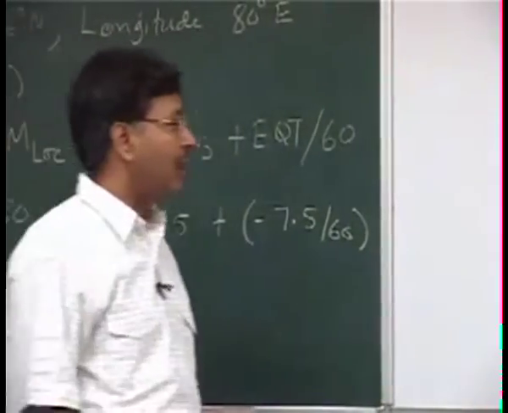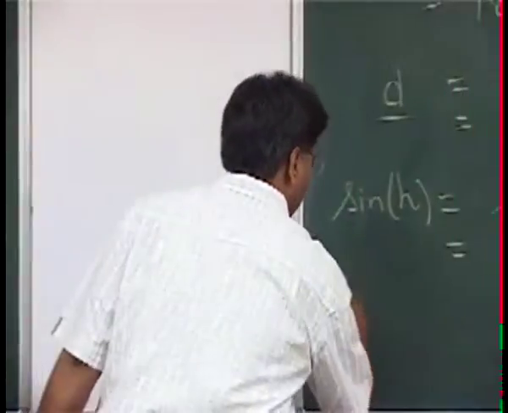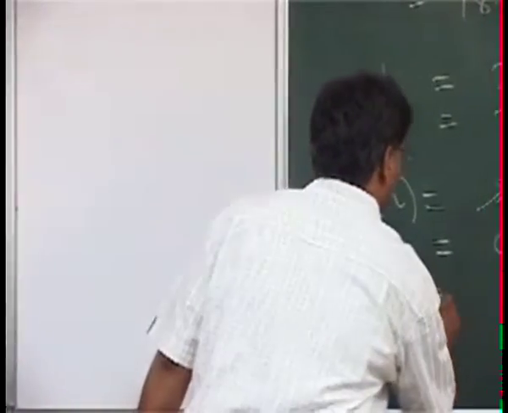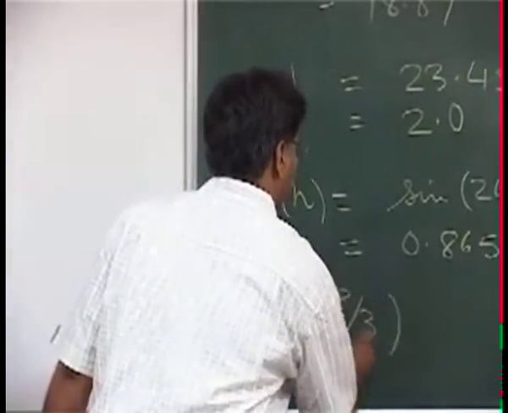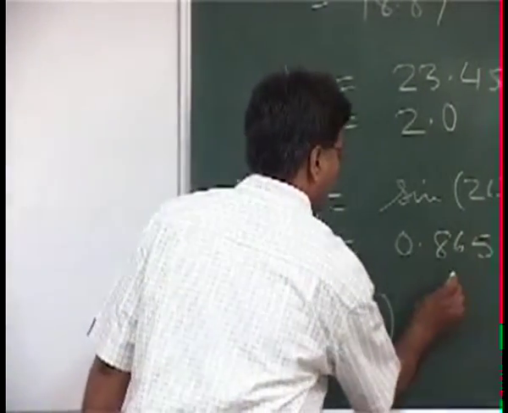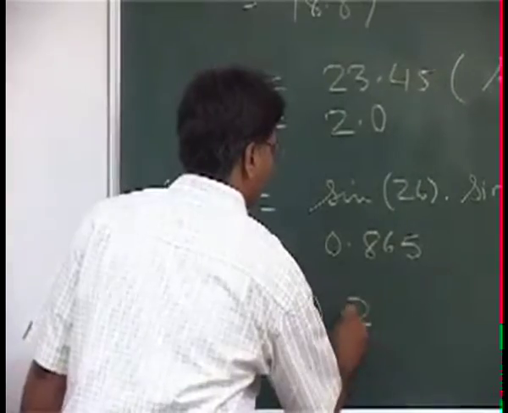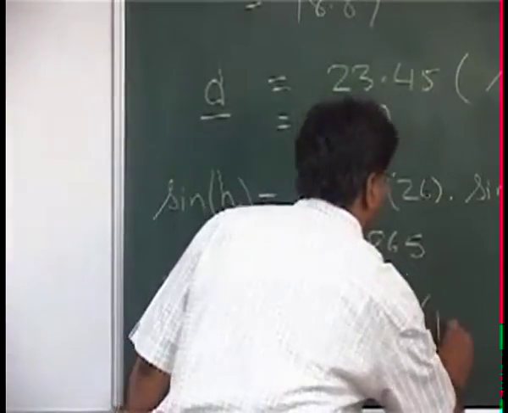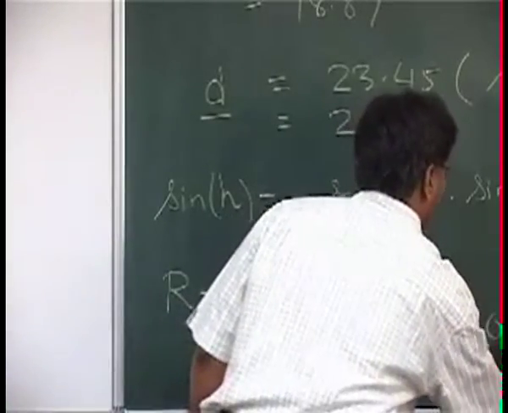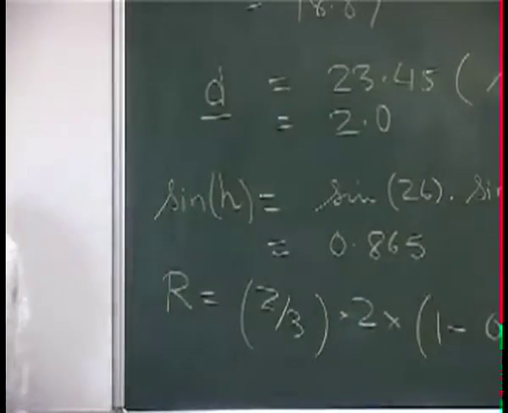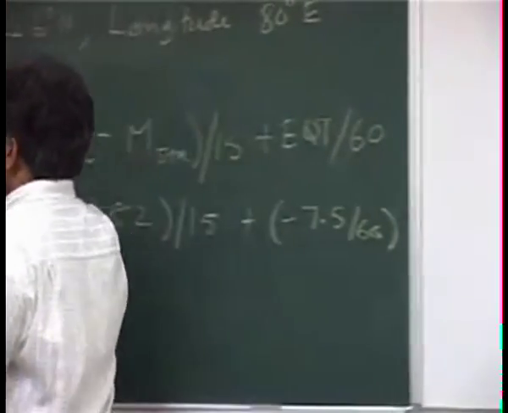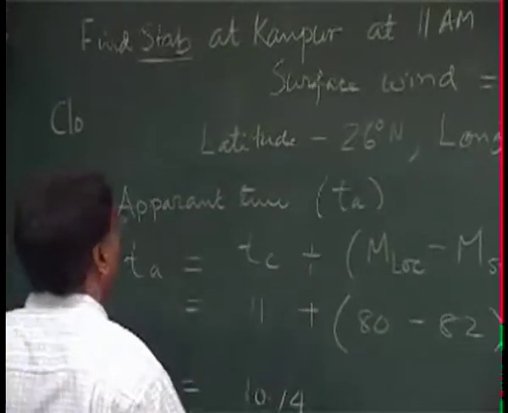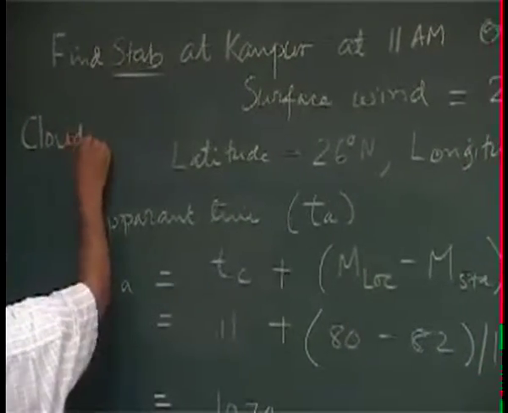Finally, I am all set to find out R, which is 2 by 3 times the solar constant S, times (1 minus 0.8 times 2 by 8), times sine h. I just took a hypothetical cloud cover of 2.